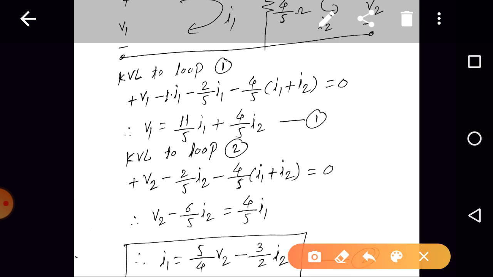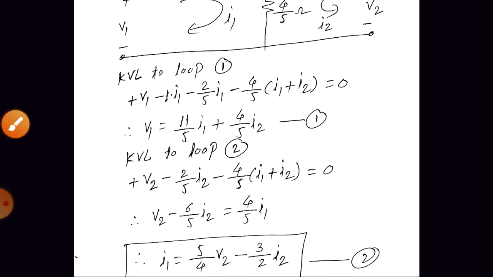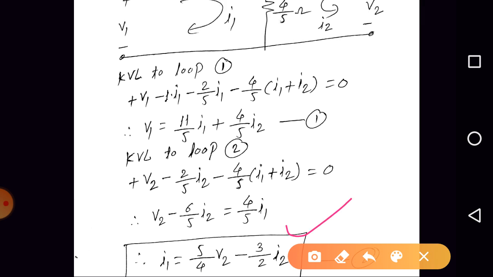After rearranging, V2 minus 6 by 5 into I2 minus 4 by 5 into I1. Can we write the expression for I1 in terms of V2 and minus I2? So I1 is equal to 5 by 4 into V2 minus 3 by 2 into I2.